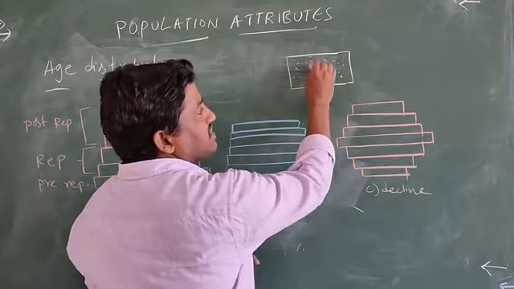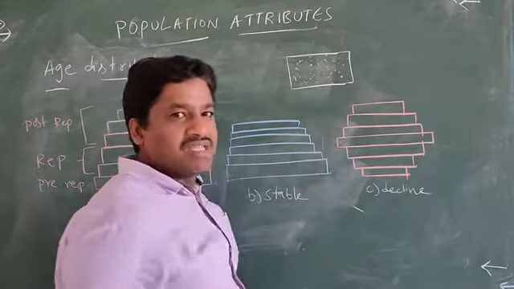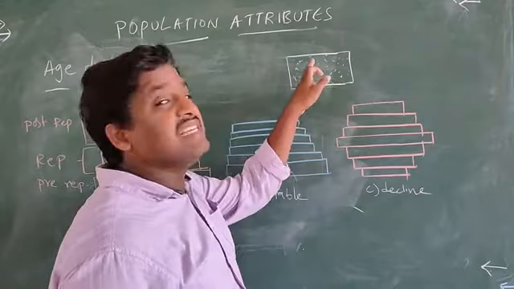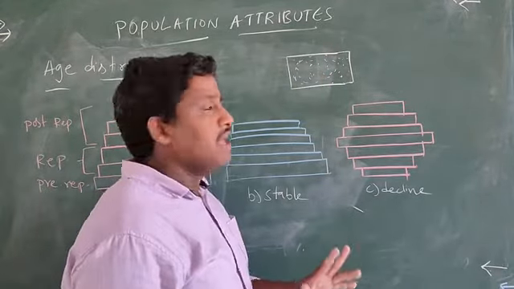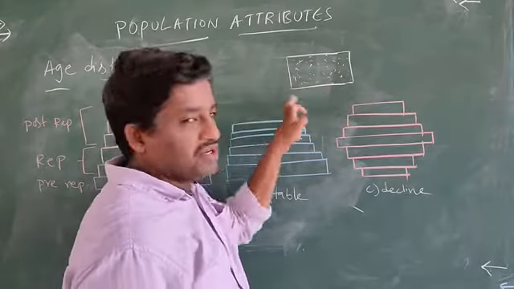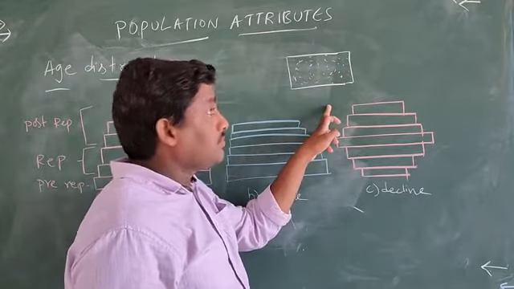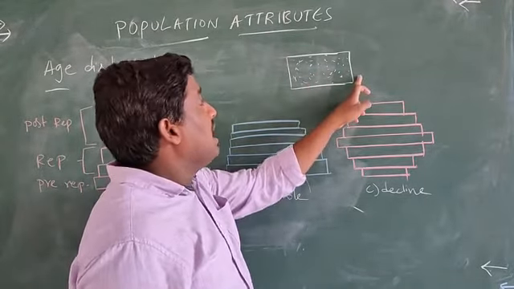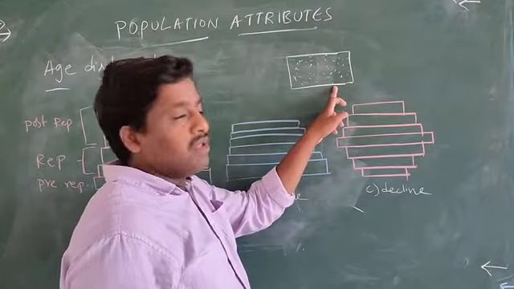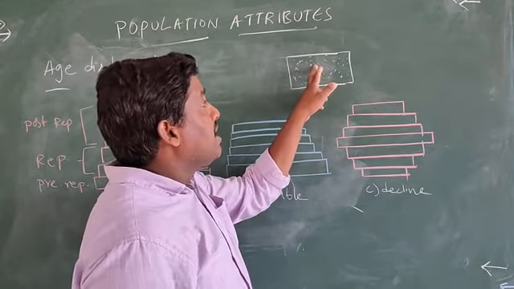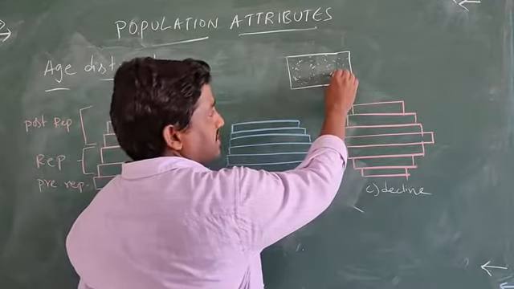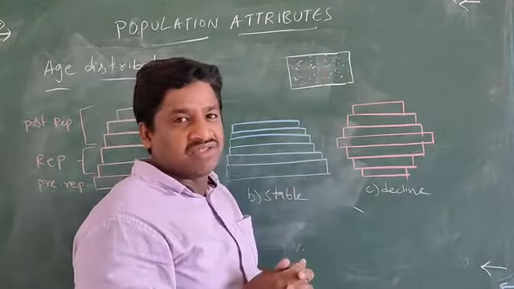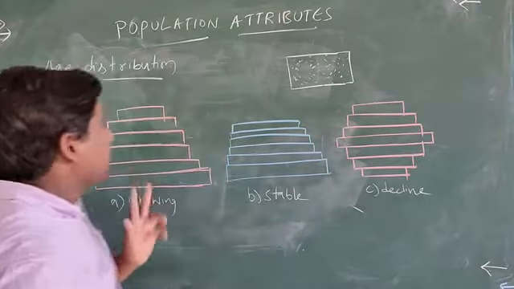These dots that are present are the number of individuals of different ages. Every individual having a different age is present. Okay, this is a population. A population is composed of the number of individuals, and here these individuals are of different ages. Okay, next point.